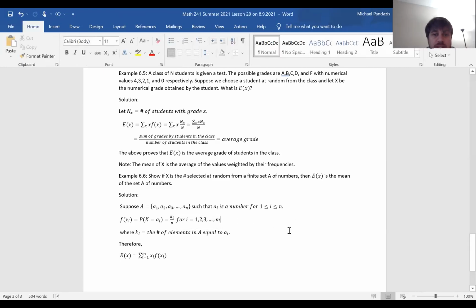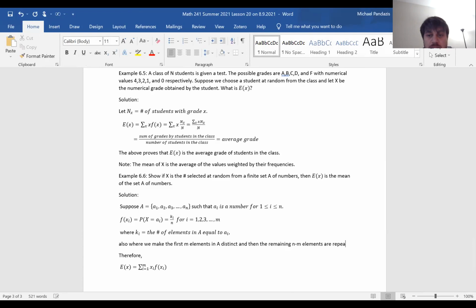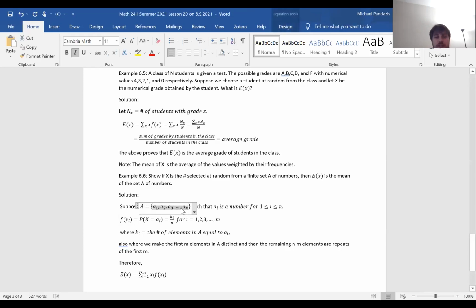Also, we make the first little m elements in capital A distinct, and then the remaining n minus m elements are repeats of the first little m. So we just arrange these elements so that the first little m of them are distinct, and the rest are the ones that are repeated from the first little m.